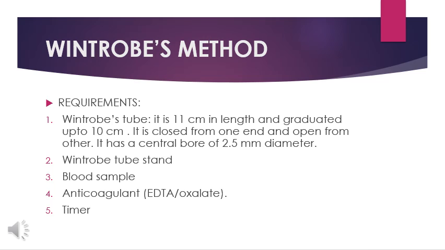In the previous method, we saw that the tubes were 30 centimeters or 300 mm in length and graduated up to 200 mm, meaning 20 centimeters, and the tubes were open from both ends. But in this method, there is a big difference in the tube characteristics, and its central diameter should be 2.5 mm. Other things we should have for this method are Wintrob tube stands and a blood sample.